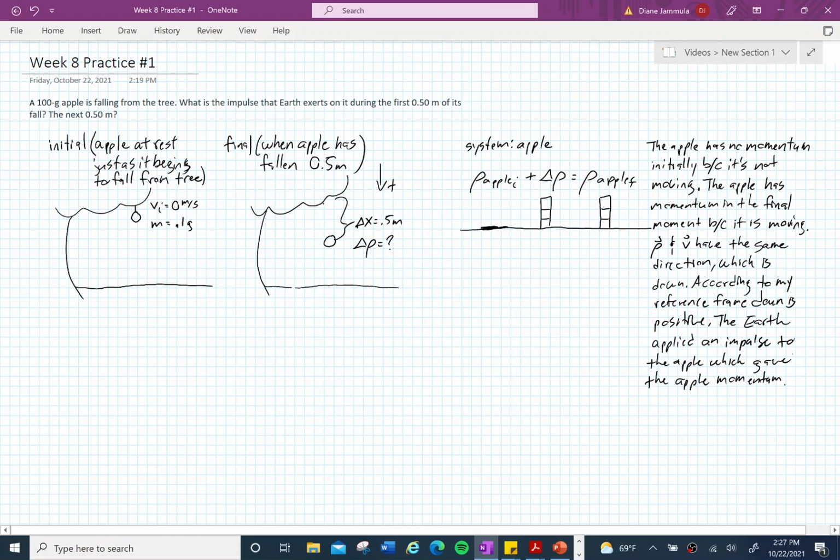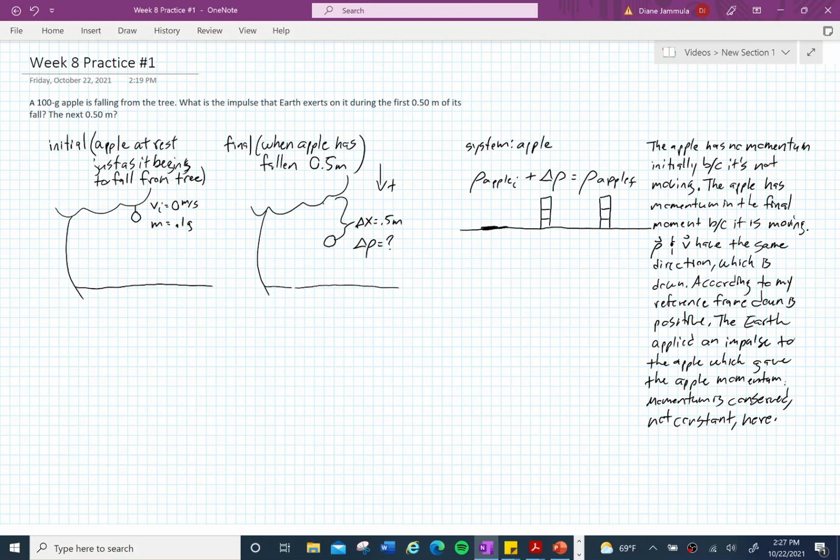Momentum is conserved, not constant here. Conserved means that we can track where the momentum went. Constant means the initial momentum equals the final momentum. Here, the initial momentum does not equal the final momentum. The Earth applied an impulse which transferred momentum into the system.